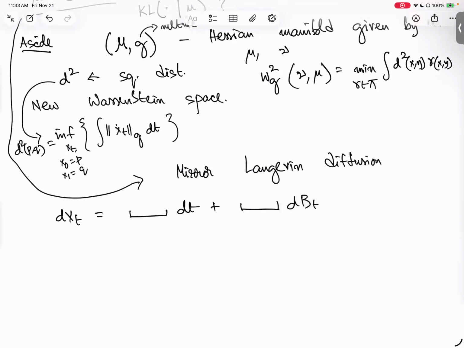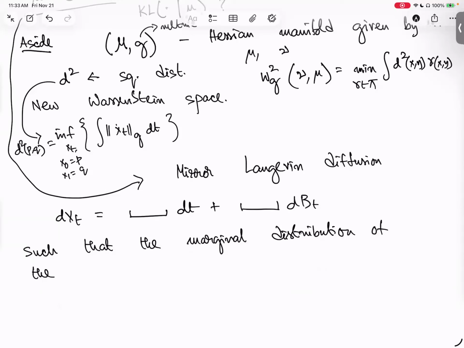So it satisfies a certain SDE such that the marginal distribution of this X_t gives me the gradient flow of Kullback-Leibler.